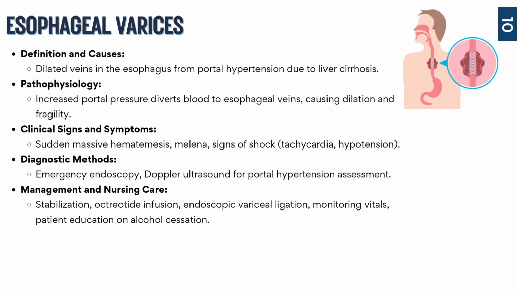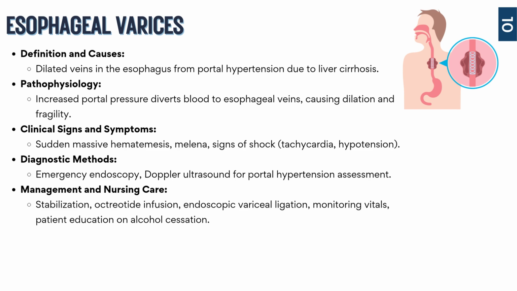It could be coffee ground, it could be bright red. If they've been slowly bleeding for a while, it could be coffee ground emesis or black tarry stools, and then all of a sudden the varices really rip open, and now we have fresh blood that they're vomiting up. They could also come in with signs of hypovolemic shock, and that's typically when they seek healthcare in the emergency department.